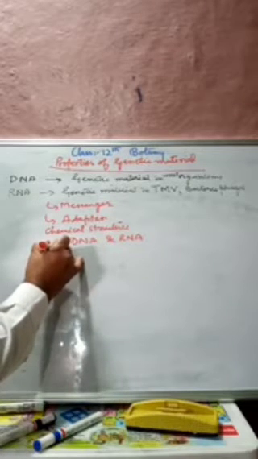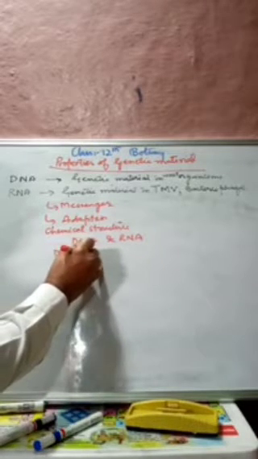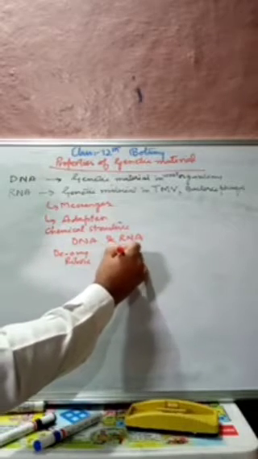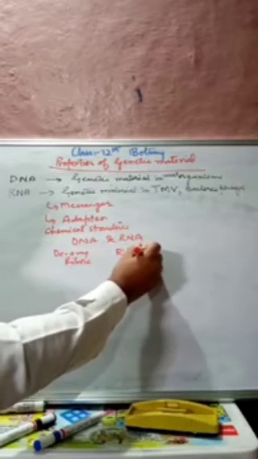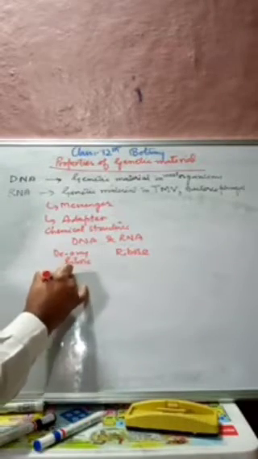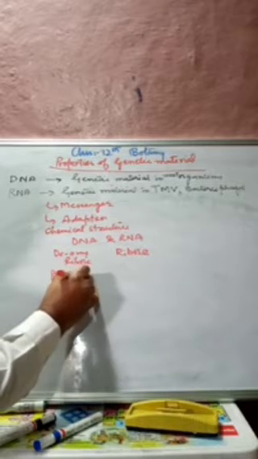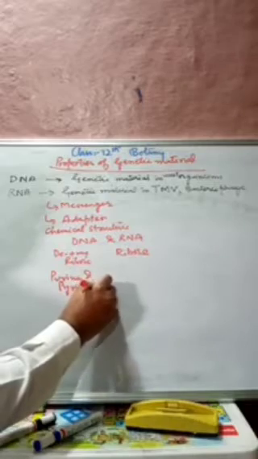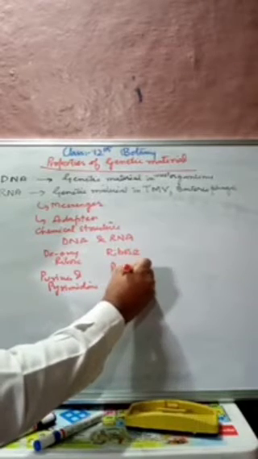But in case of DNA, it is the deoxyribose, while in case of RNA, it is the ribose sugar. Both of them contain nitrogenous bases, purines and pyrimidines. RNA too has purines and pyrimidines.